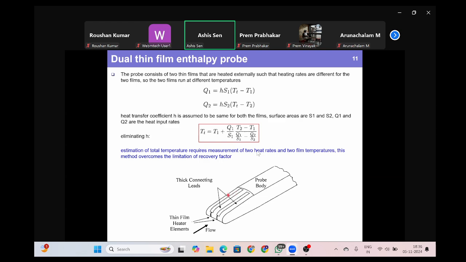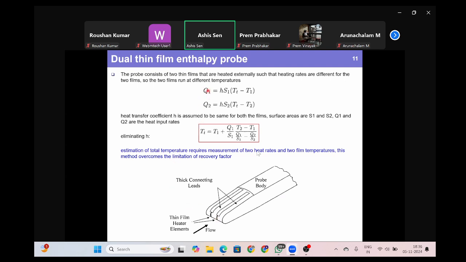And at the ends, you have the thin film heaters. Okay. Now, what you do is these thin film heaters are heated, heated by supplying electrical energy, let's say.